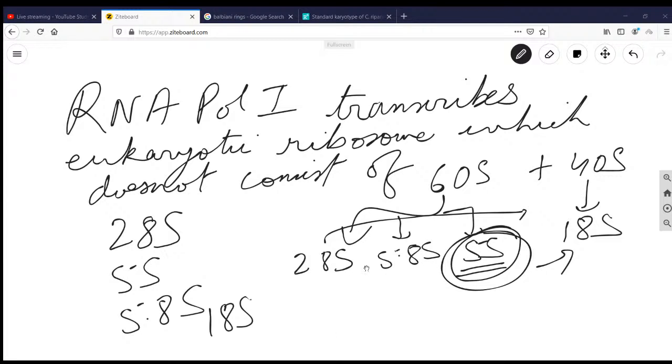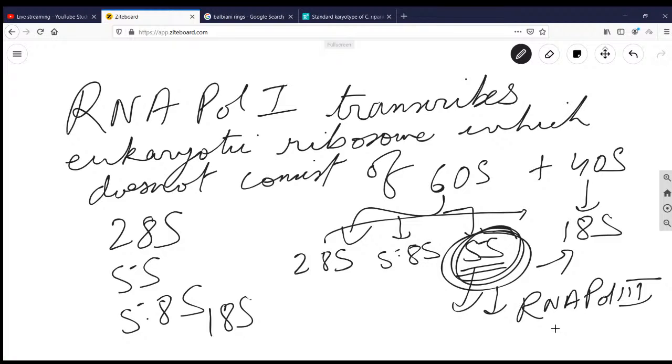One more thing I'll tell you: the genes for tRNA, as I told you, are coded by RNA polymerase 3. Also, note in this question that the 5S rRNA is also coded by RNA polymerase 3, along with tRNA.